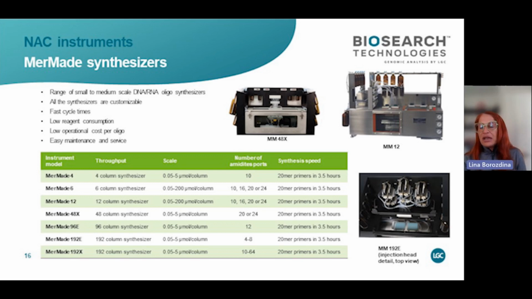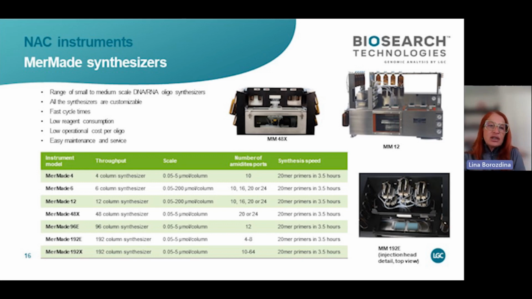The difference between the instruments is the number of amidites. The 96E has one plate and 12 amidite positions, 192E has anywhere from 4 to 8 amidite positions, but 2 plates by 96. Those two instruments are good for primer synthesis, or if you have an MDX to do a fluorophore and the ACGT.